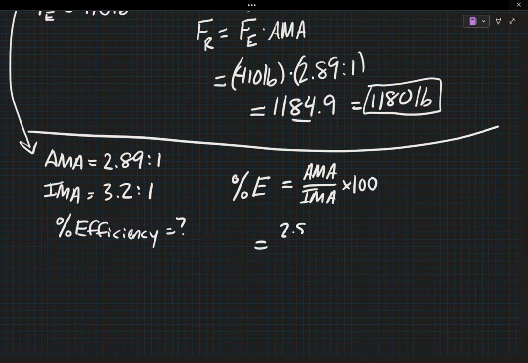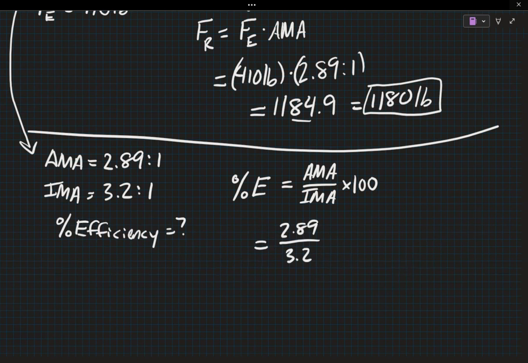So 2.89 divided by 3.2. Now, this is where I see a lot of people make mistakes. Where I see people calculate that machines have efficiencies of 120%. If that's the case, the most likely explanation is that you have goofed these 2 numbers up and that you've put the IMA on top.